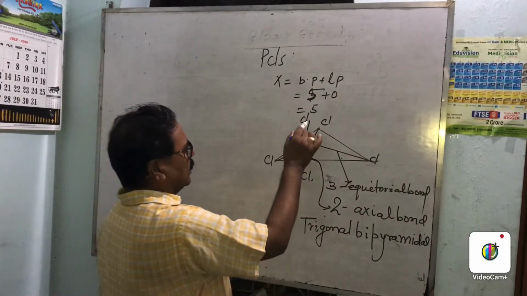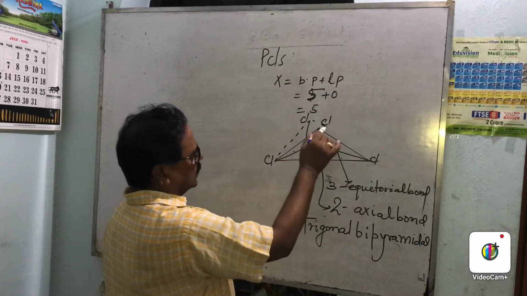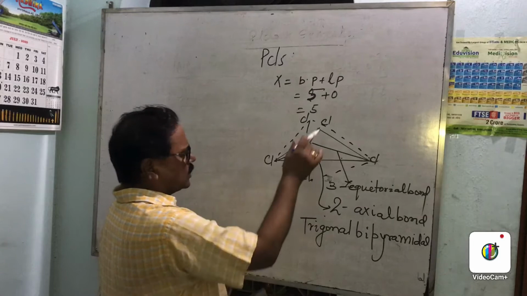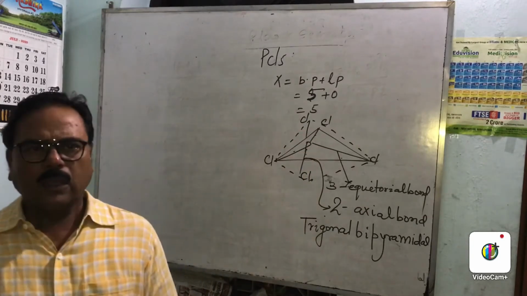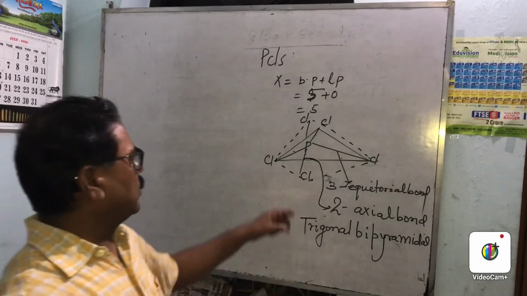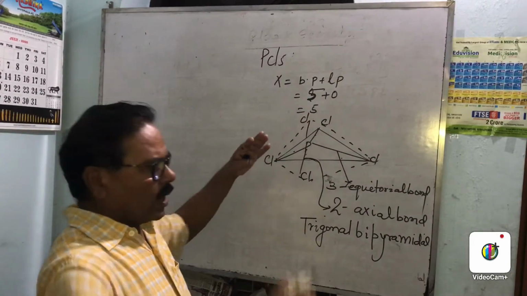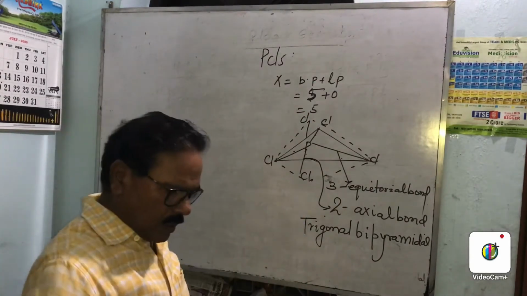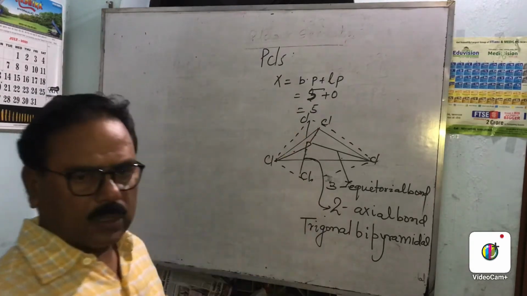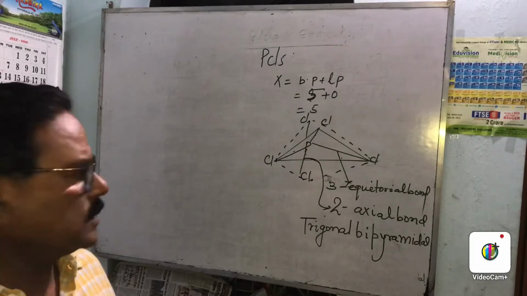If you draw this, this is one upper side, and this is the other. So this was the simple structure or geometry, and we will draw the simple one. I have shown you how it is a pyramid, and another pyramid is on the lower side. So this is called trigonal bipyramidal. Is it clear?